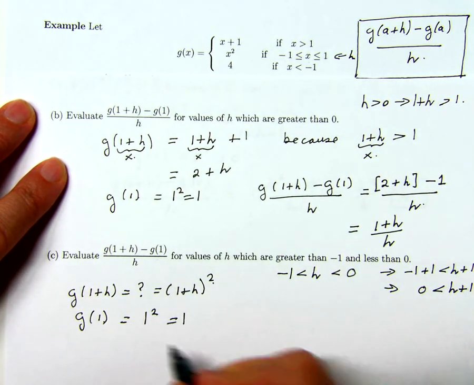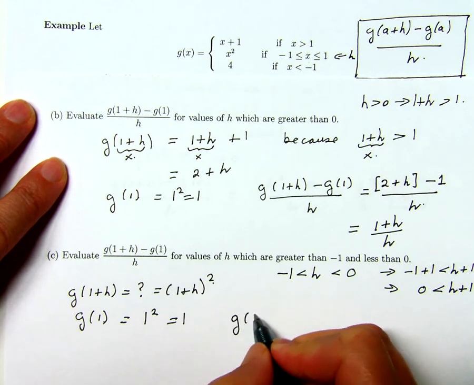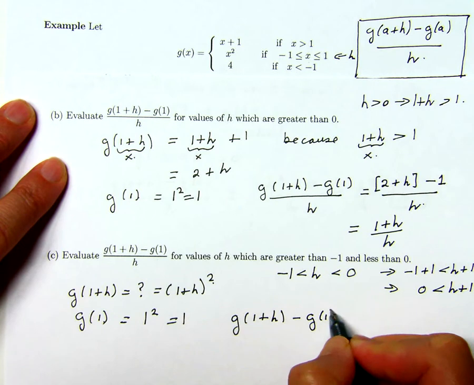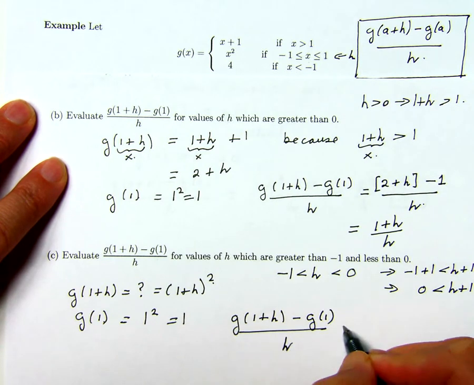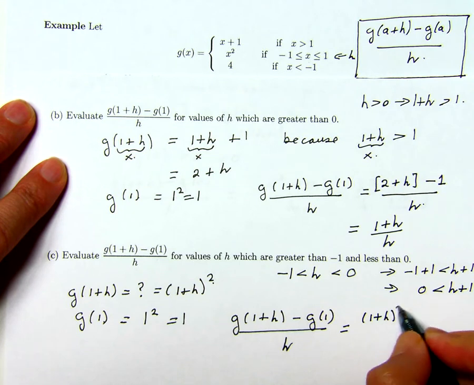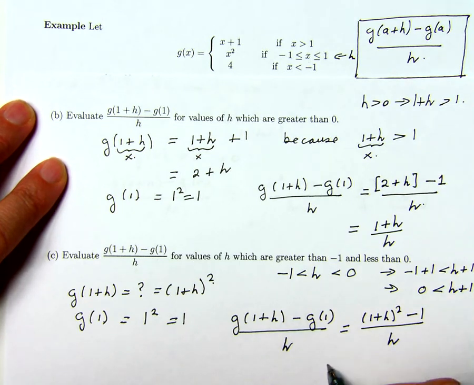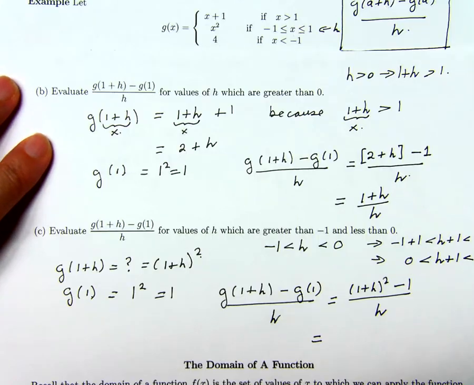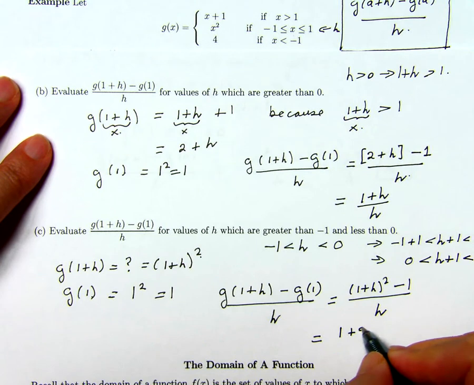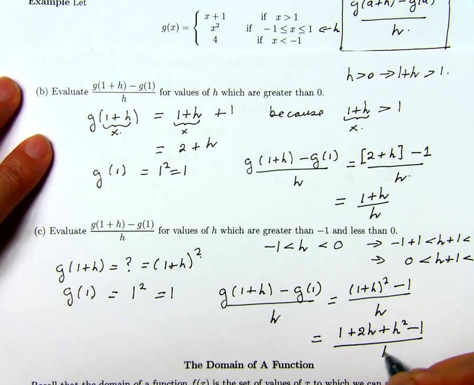And now we can calculate this difference quotient. g of 1 plus h minus g of 1 over h is equal to 1 plus h squared minus 1 over h. And that is equal to, squaring this, 1 squared plus 2h plus h squared minus 1 over h.